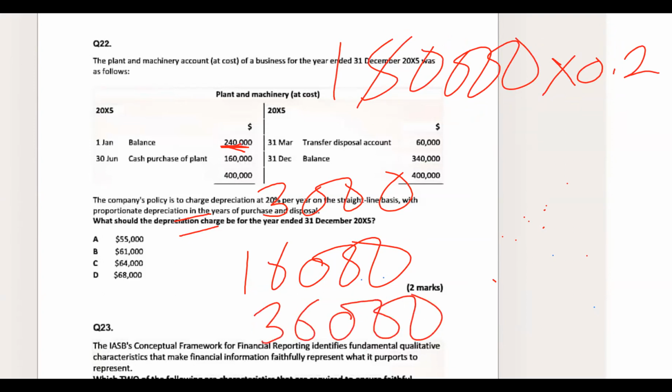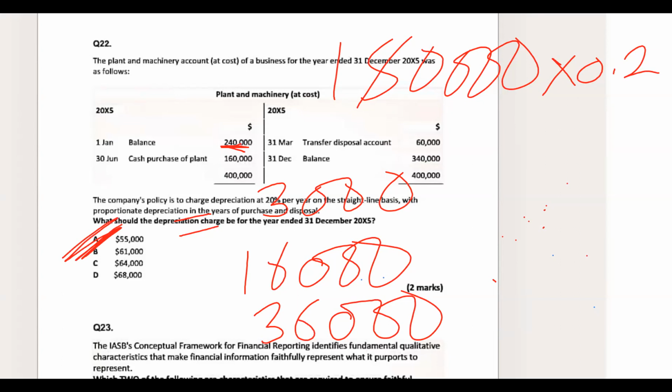So when you add these together, what do you get? $55,000. Yeah, so you have 55,000.